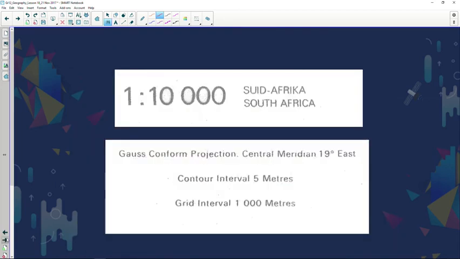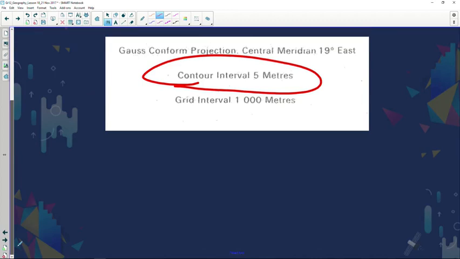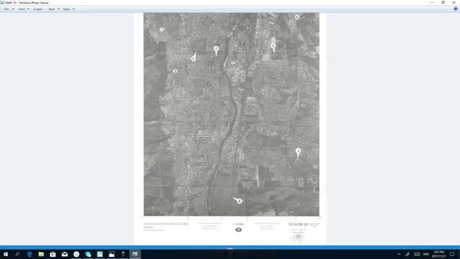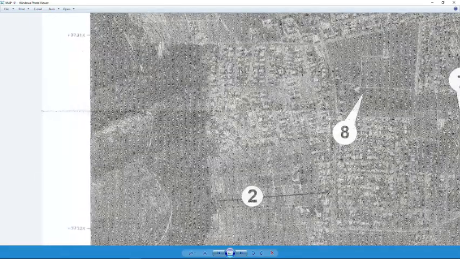First of all, before we continue with the calculations, this is your orthophoto. If you look at it, the scale is 1 to 10,000, very important. Your contour interval is 5 meters. There's the scale on the top of the map, 1 to 10,000.